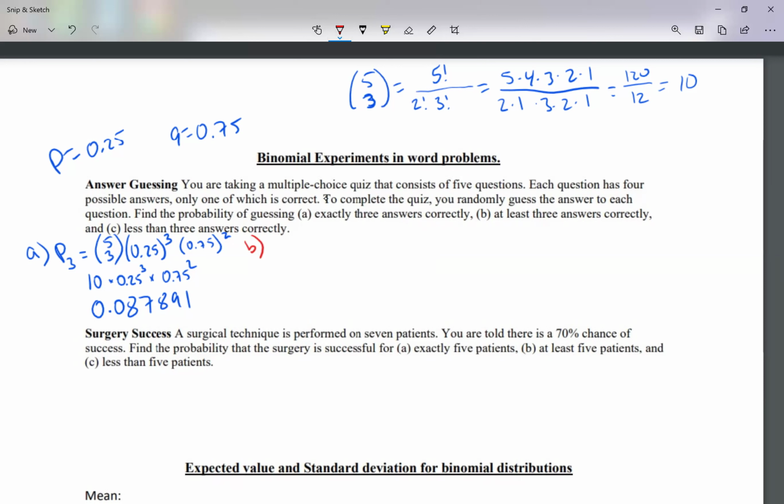Part B is asking at least 3 answers correctly. Okay, so that's basically asking me, what's the probability that I get 3 answers correctly? What's the probability I get 4 answers correctly? What's the probability I get 5 answers correctly? Because it said at least 3, so 3 or more.